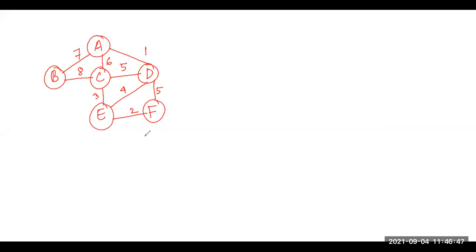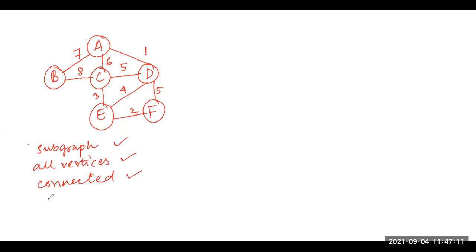Now, 3 things need to be noted. When I create a minimum spanning tree, it will definitely be a subgraph, not my entire connected graph. So first, what will be present? All the vertices need to be present, and the vertices need to be connected with the help of edges.